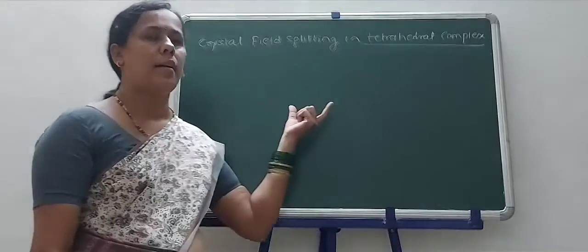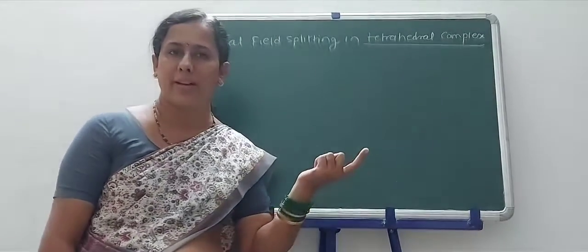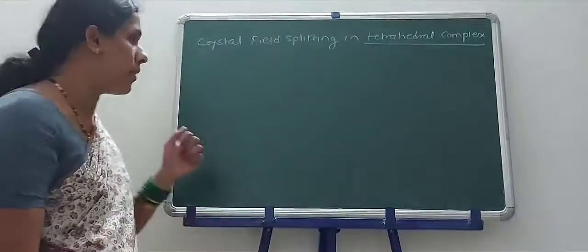Tetrahedral complex means how many ligands? That is, there are 4 ligands.